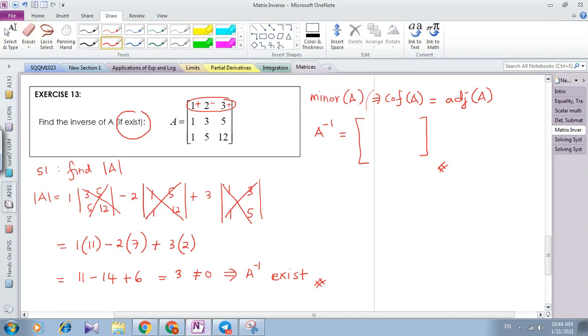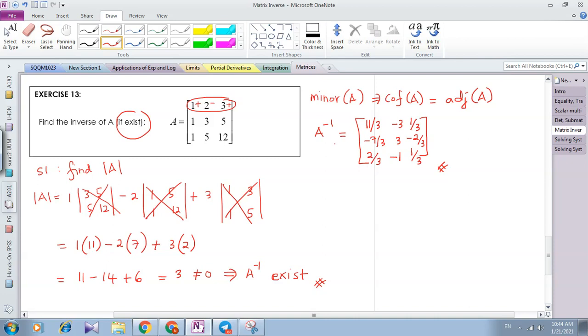The final answer of the inverse of A, you must get 11 over 3, negative 3, 1 over 3, negative 7 over 3, 3, negative 2 over 3, 2 over 3, negative 1, and 1 over 3.